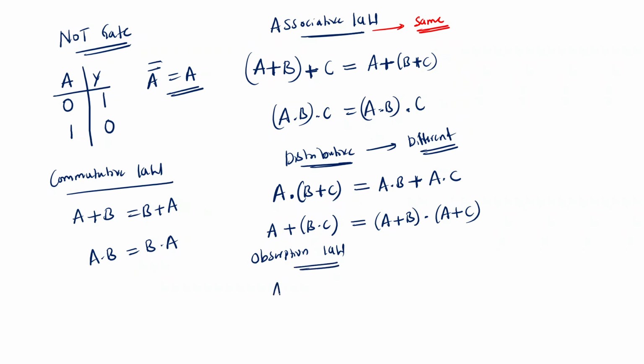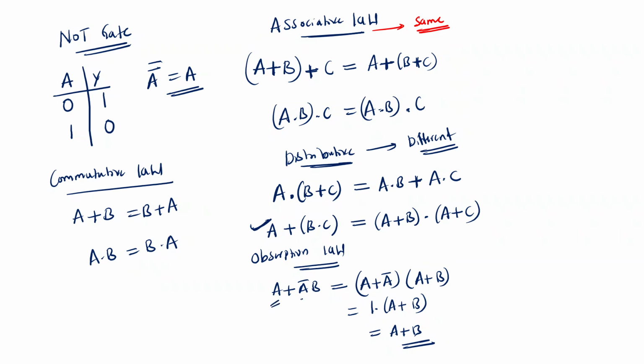Suppose you take A OR (A bar AND B). Using the distributive law, in place of B you have A bar: (A OR A bar) AND (A OR B). From OR law, A OR A bar is 1, and from AND law, 1 AND (A OR B) equals A OR B. This is absorption law.